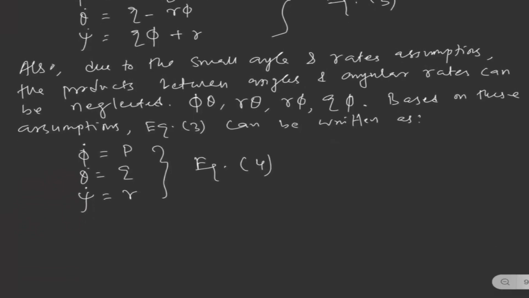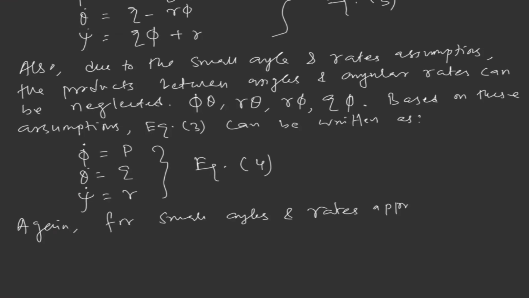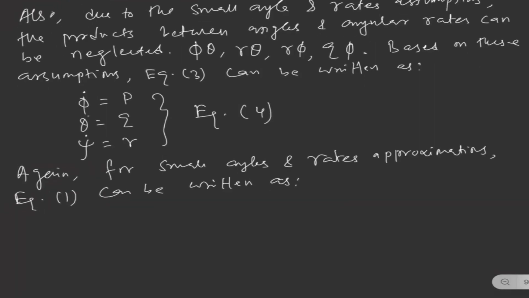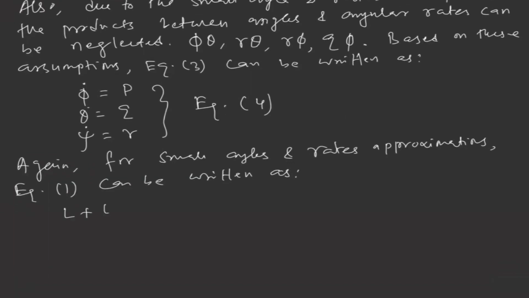Now, for small angles and rates approximations, we can write equation number 1 as L plus L disk equal to P dot Ix.